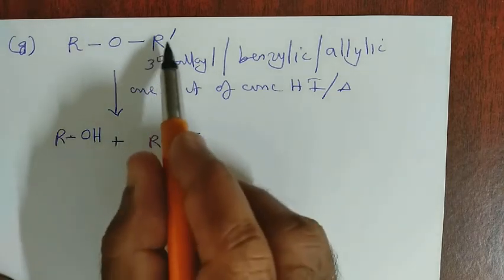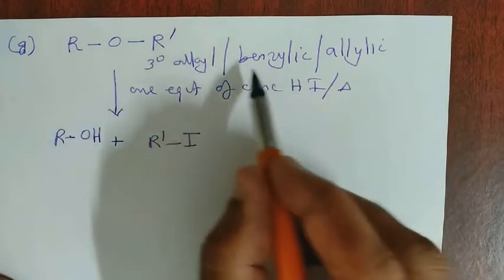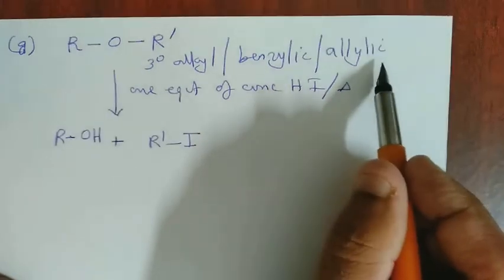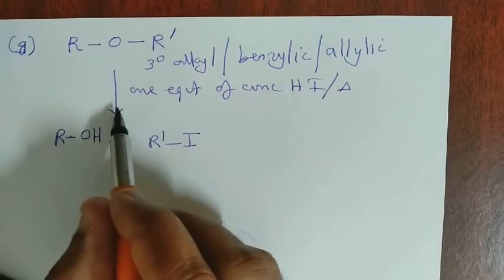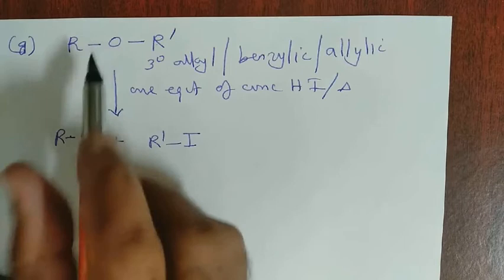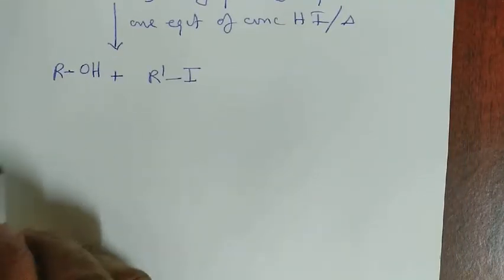Suppose R' is a tertiary alkyl or benzylic or allylic group. Then the product is a mixture of ROH and R'I.